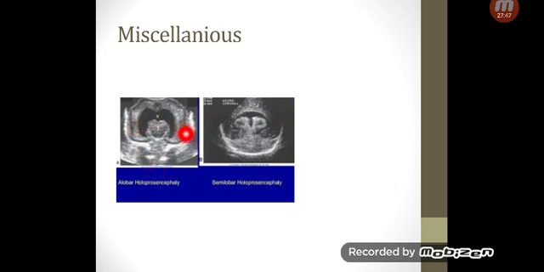This is alobar holoprosencephaly, and this is semilobar holoprosencephaly. Apparently this is worse than this one. They are both craniodevelopmental abnormalities where the brain hasn't developed very well, and you would expect a lot of global developmental delay with either of them, but apparently this one is worse.